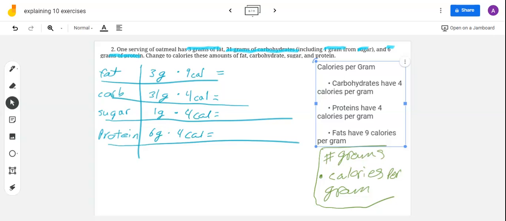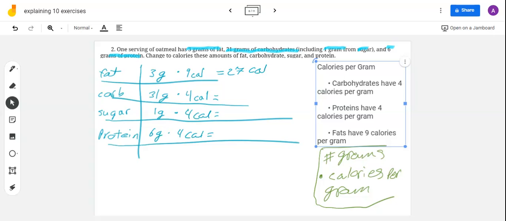Give me just a moment to double check on that. Sorry, 27. That'd be 27. 27 calories.